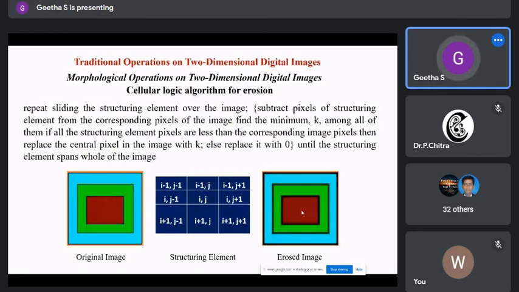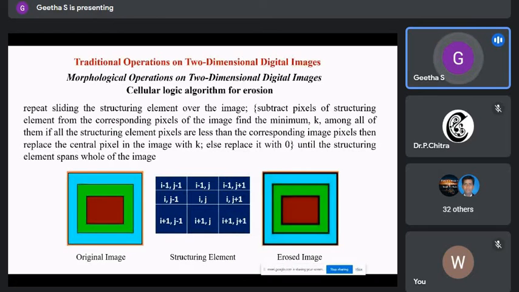Next, the same algorithm, the cellular logic algorithm for erosion. It is also an algorithm step. Dilation means you add the pixel; erosion means you subtract the pixel. Now with the same structuring element, from the corresponding pixel of the image, find the minimum k. Adding means maximum k, subtraction means minimum k.